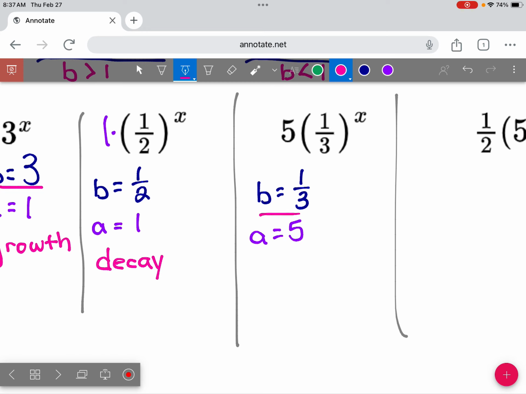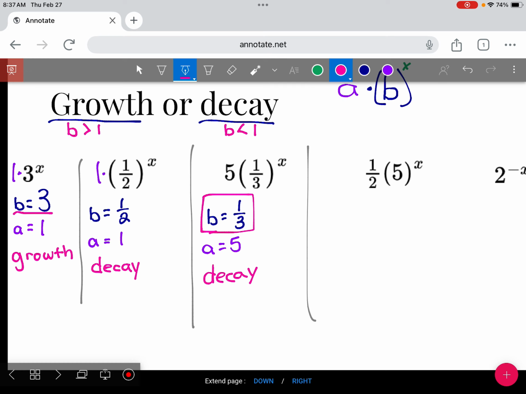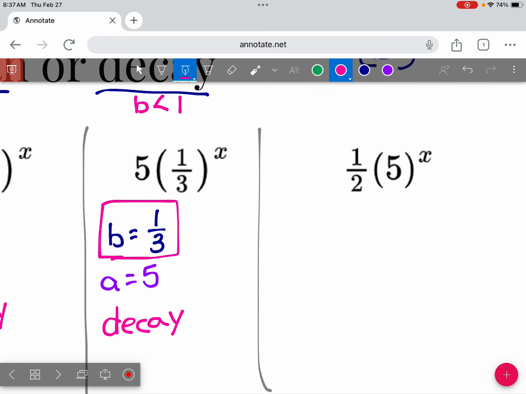It is decay. It is the base that makes the choice. So this is decay. So what this one would be, it'd be something that I start with $5 and I'm losing a third of it in fees every year or whatever.